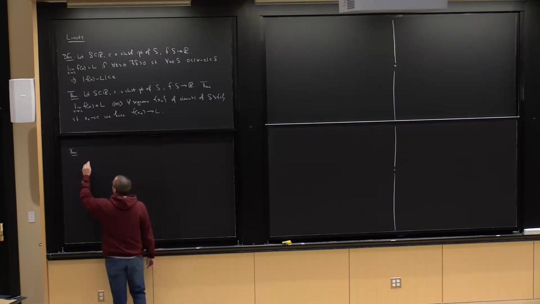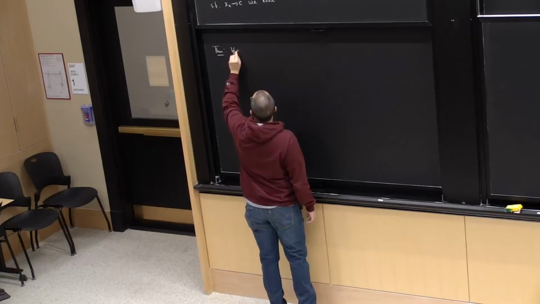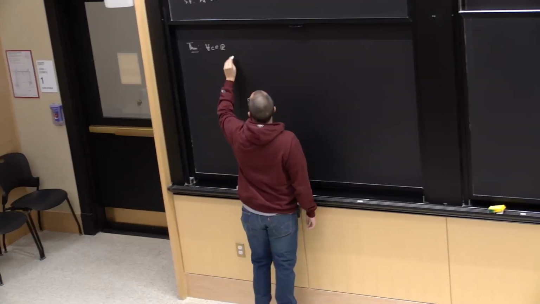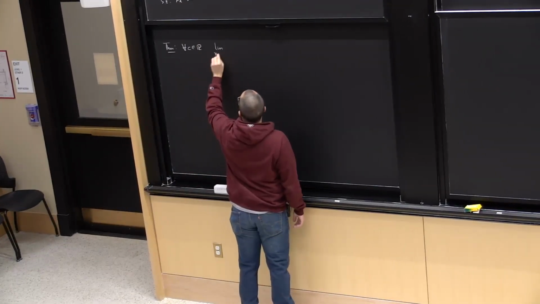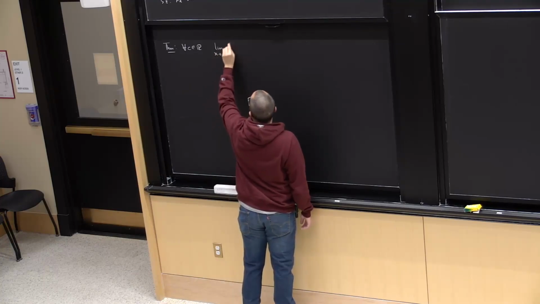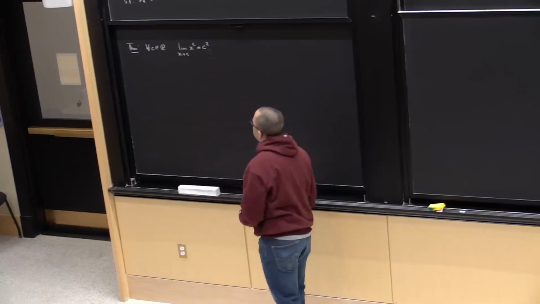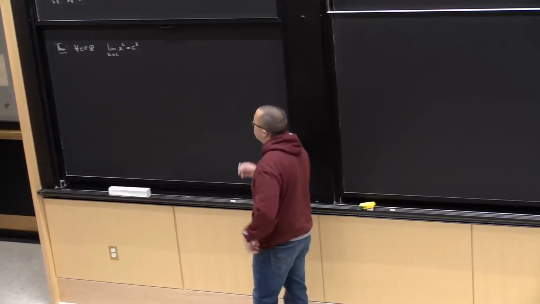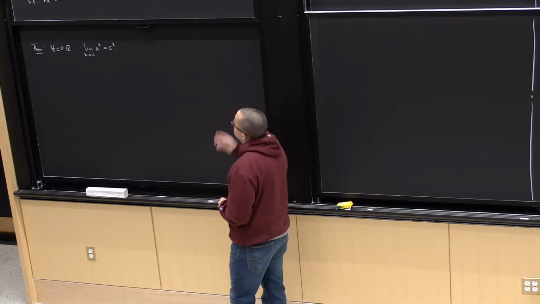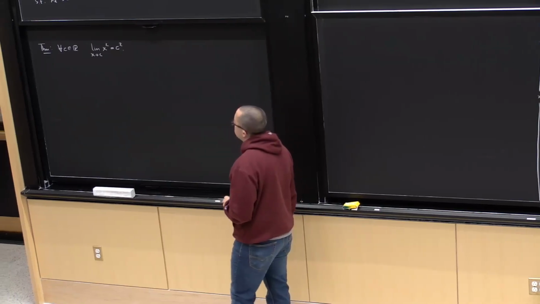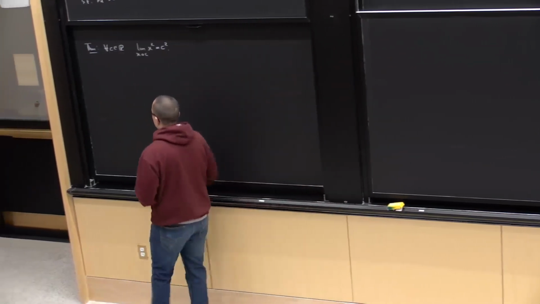So, for example, we could prove the following, that for all c in R, limit as x goes to c of x squared equals c squared. Okay? So we could have done this using just the definition, but now with this theorem we can prove it a little bit quicker and easier.